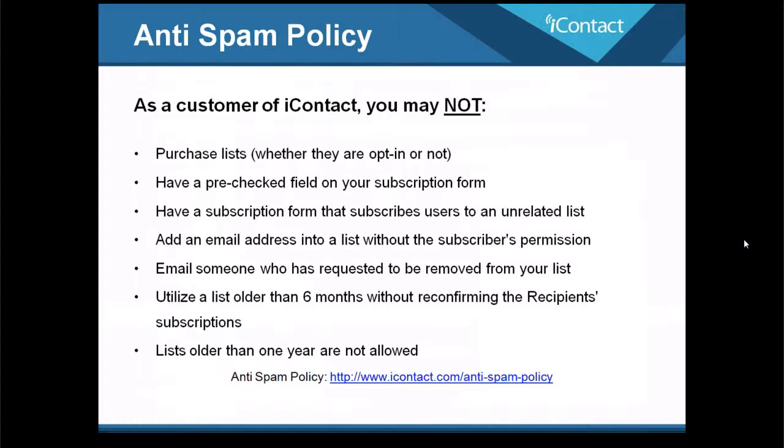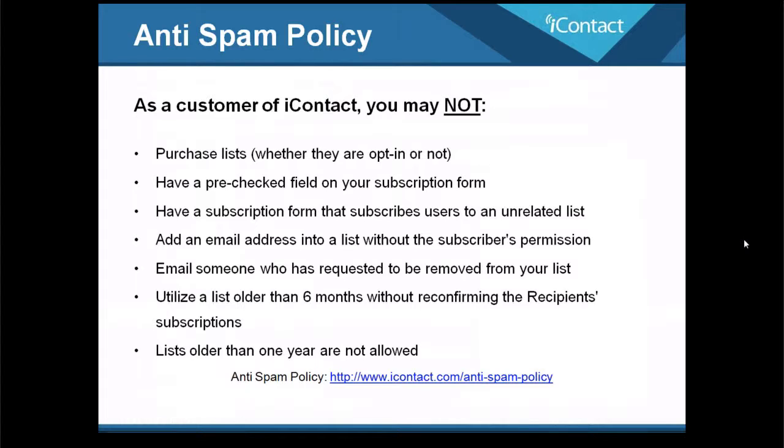You also may not email someone who has requested to be removed from your list. You may not utilize a list that is 6 months or older without reconfirming the recipient's subscriptions. The reason why we ask that you reconfirm the subscriptions if your list is 6 months or older is because many things can change or happen in 6 months. It's possible that the person forgot that they signed up, which can result in spam complaints, or the email address may no longer exist, which can cause bounces.